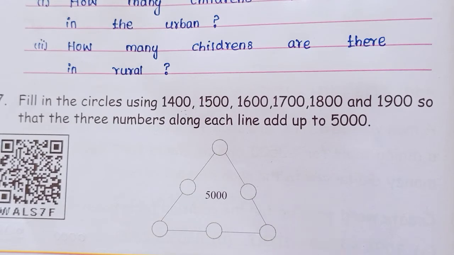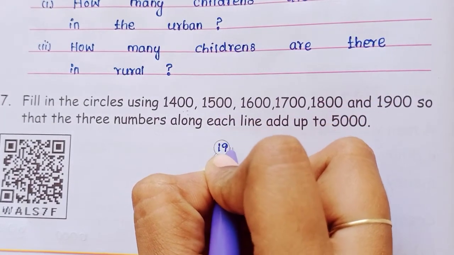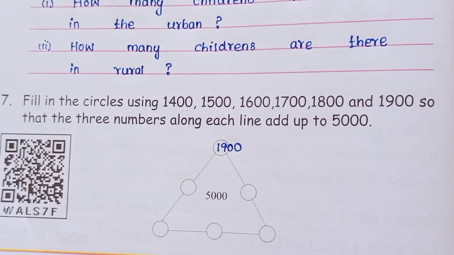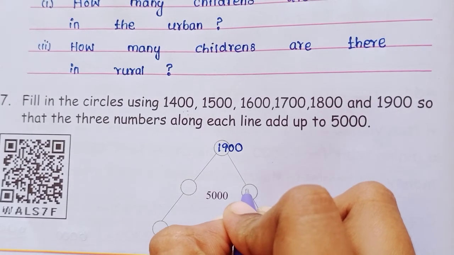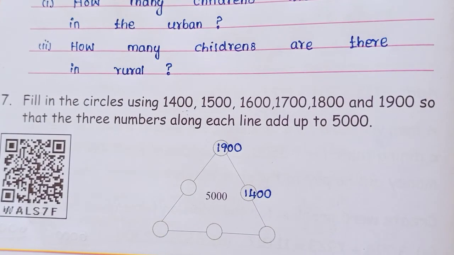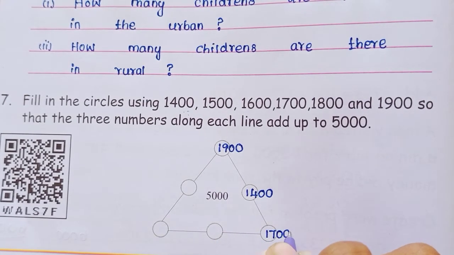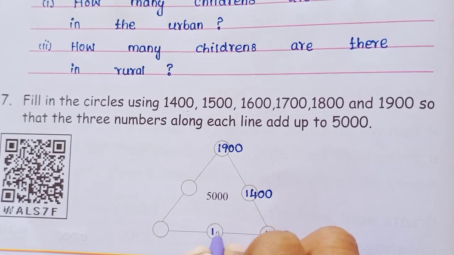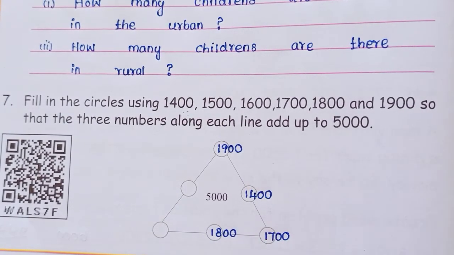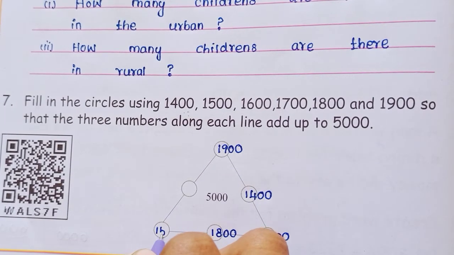Okay, now you write it here. First 1900, then 1400, 1700, 1800, 1500.